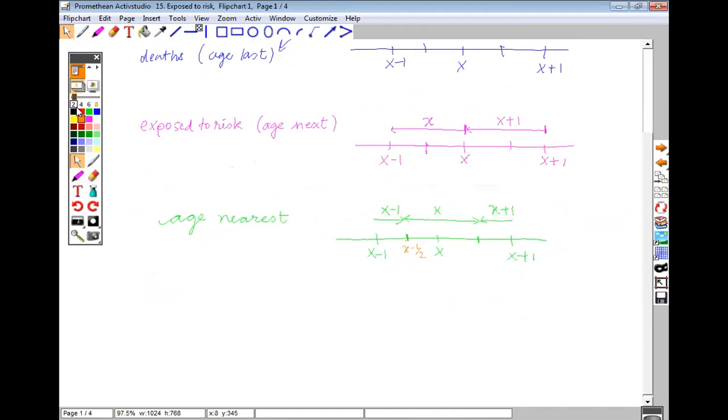And now what I'm trying to do is, I will use age last, age nearest, and age last, and now age next.